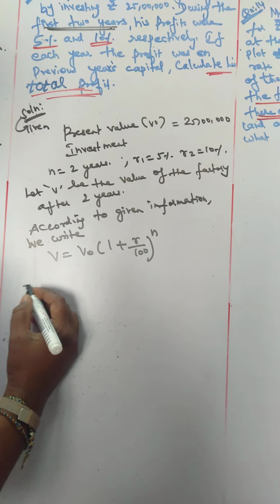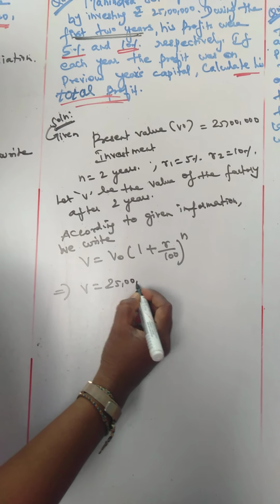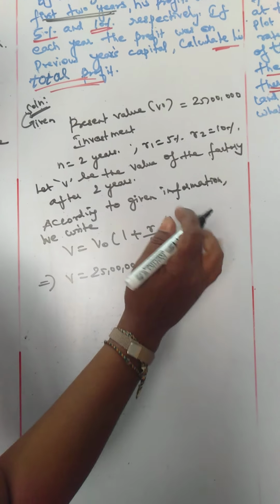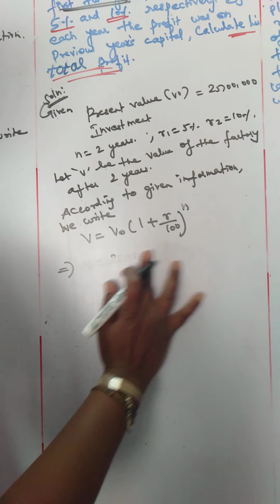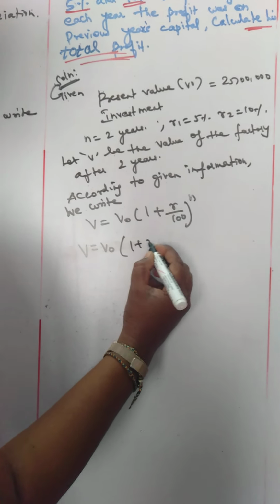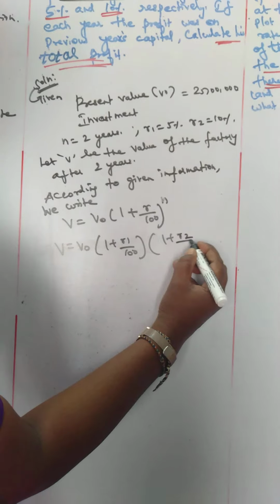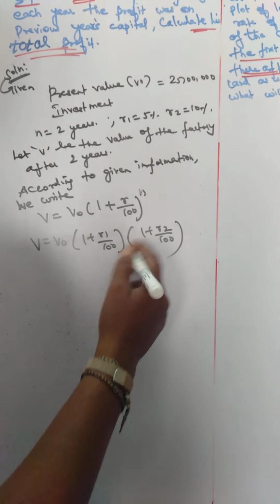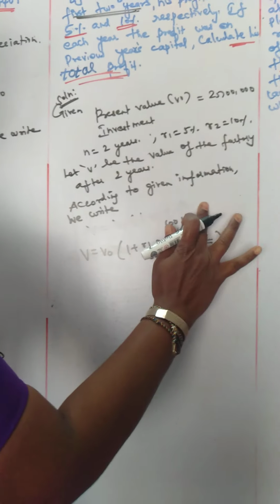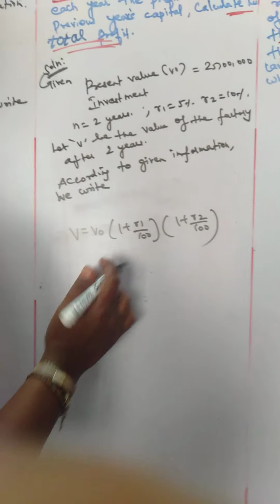Here V equals V naught, here 25 lakhs, into 1 plus... This is the general formula. Next, as per our convenience, we write 1 plus R1 by 100 into 1 plus R2 by 100. Successive rate of interest we want to use here. So this general formula is no need, because two different rates of interest are given, so we are going with this formula.